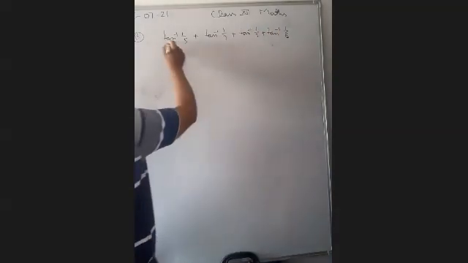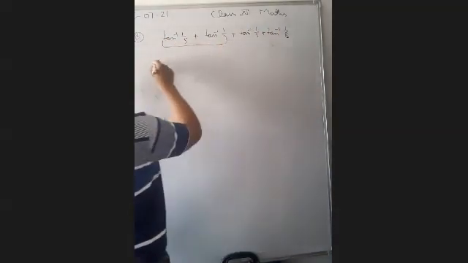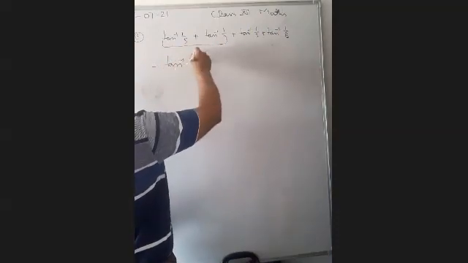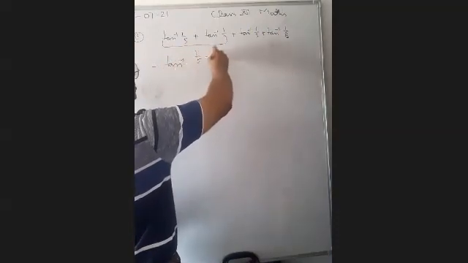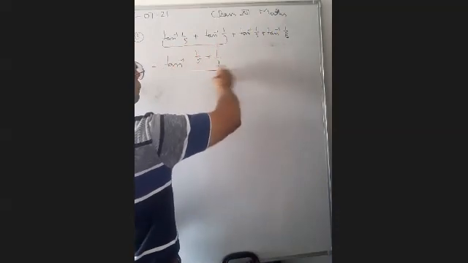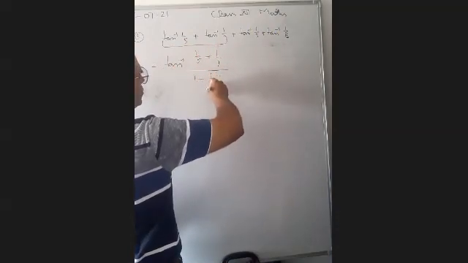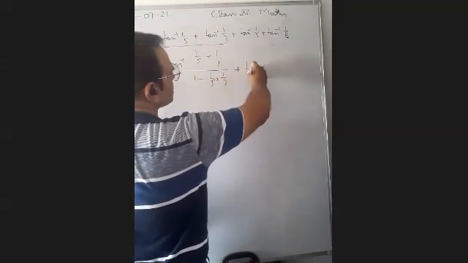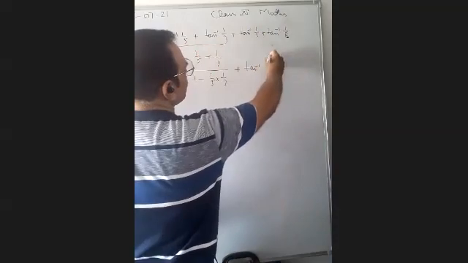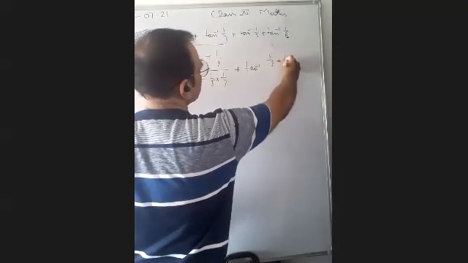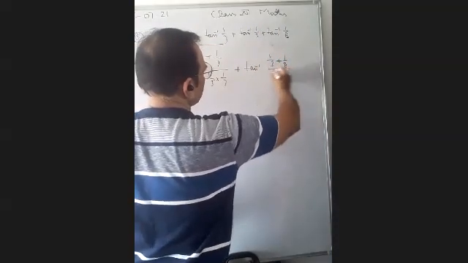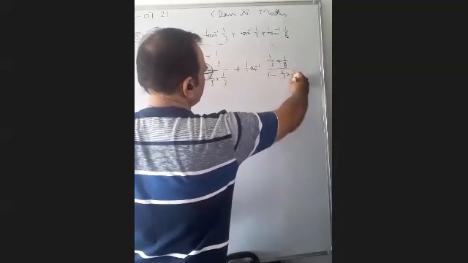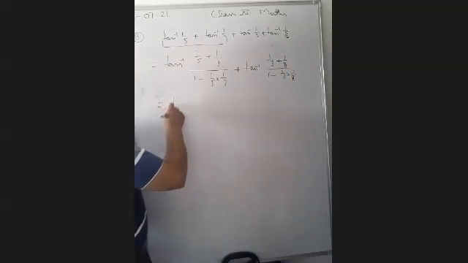First of all we are applying the formula of tan inverse here, so it will be equal to tan inverse of (1/5 plus 1/7) upon (1 minus 1/5 into 1/7). Here also we are applying the same manner: 1/3 plus 1/8 upon 1 minus 1/3 into 1/8.